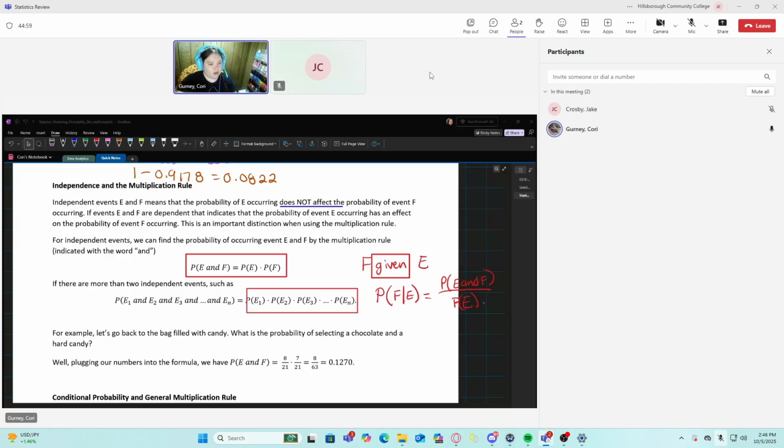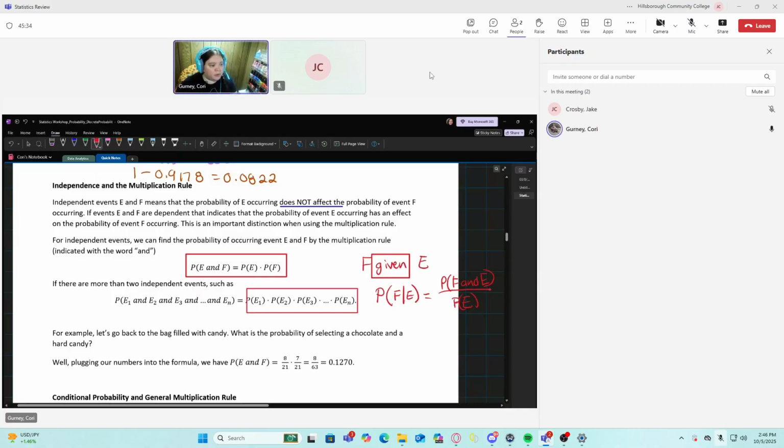Yes. E and F, it doesn't matter the order on this. They'll be the same, and it's divided by event E. So when we're looking at this, this is the formula, but just to keep it consistent, E and F.